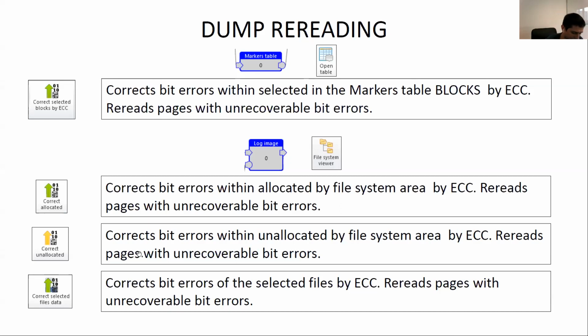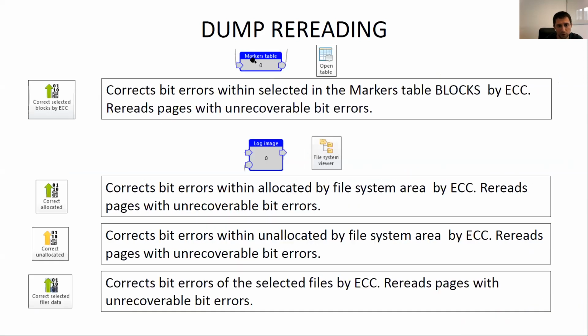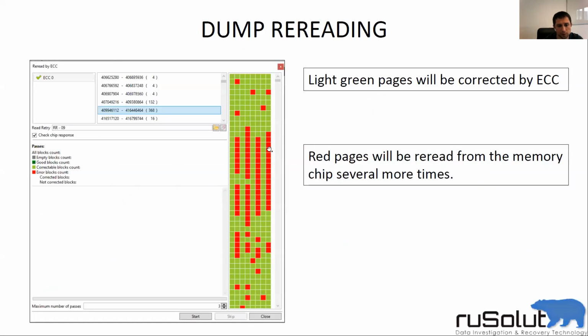For example, you have a quite normal dump, but some essential files are bad. You can't read them. You see bit errors, probably, on those files. So you can select those files and try to read the pages of those files one more time, and maybe it will be better. And when you run dump rereading here or on the last step, you will get this window.